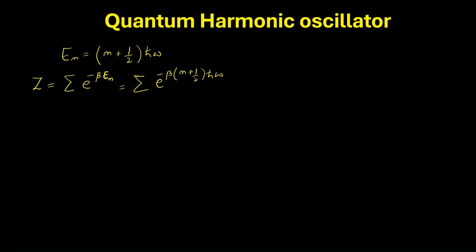Now, here I can take out the constant term. So it will be e to the power minus h bar omega beta by 2. I can take this outside, and you are left with the summation e to the power minus n h bar omega beta.